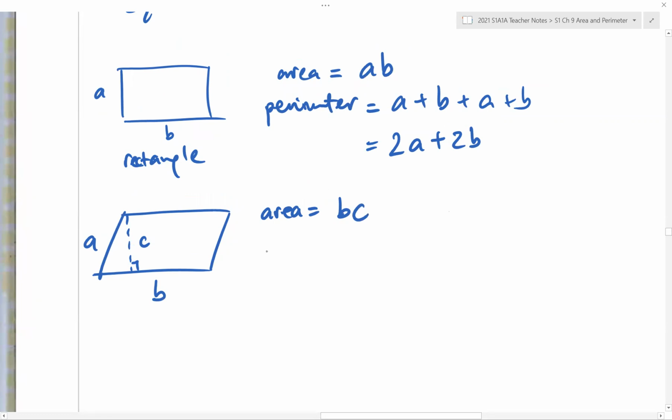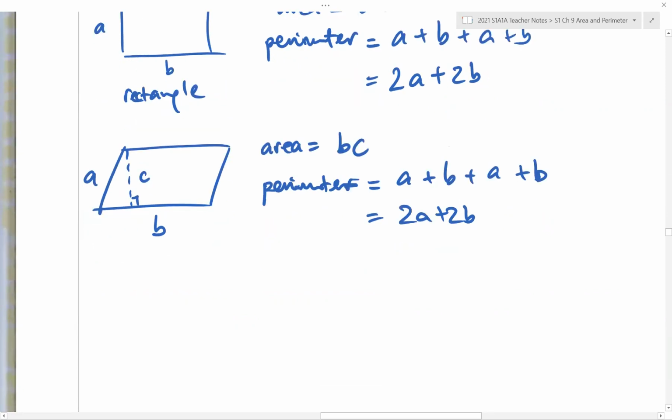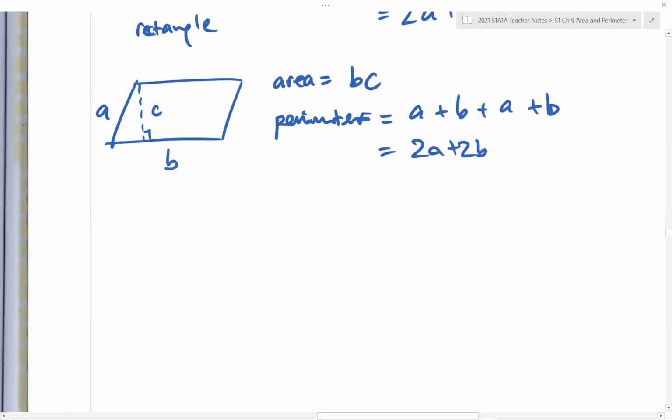So now the perimeter. A plus B plus A plus B. And what do we get altogether? 2A plus 2B. Okay, good.